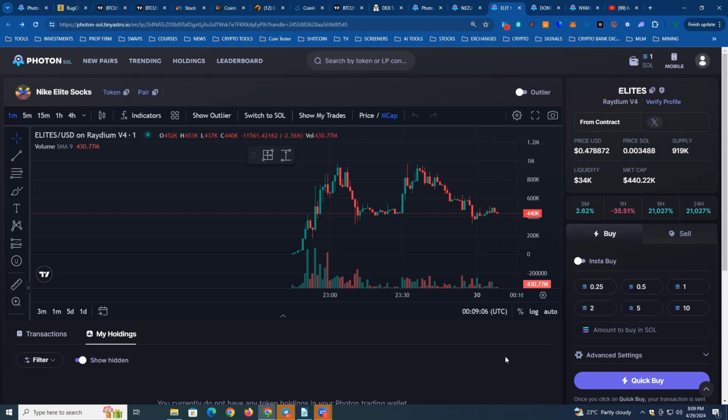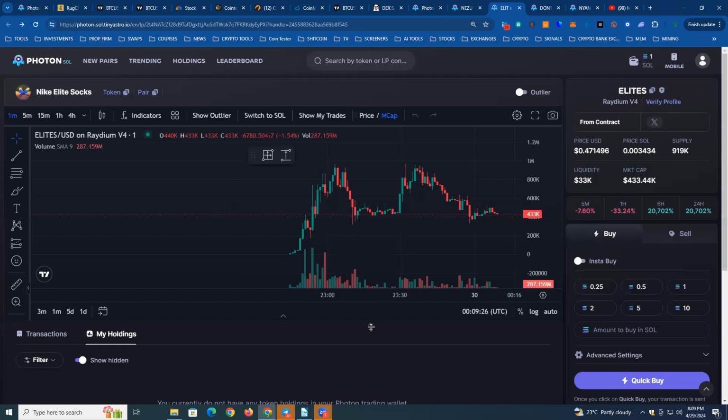Hopefully, this is an easier method of trading because it is very similar to trading on, say, Bybit or Binance or any of those exchanges. You get to see the position that you're holding and you're able to see the charts.